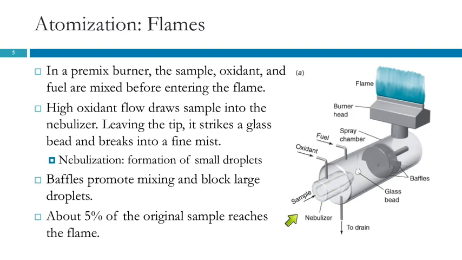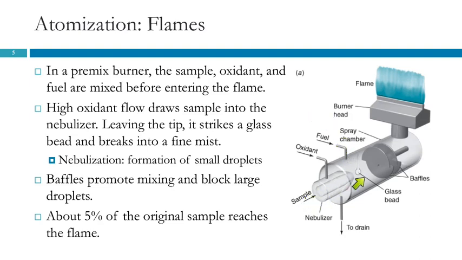We have a tube from our sample, and it's not very high tech. It's just a little thin tubing that you stick in a beaker or whatever you have your sample in. The oxidant, in our case just air, is blowing through here, and it sucks sample up into the nebulizer. We also have fuel coming in here.